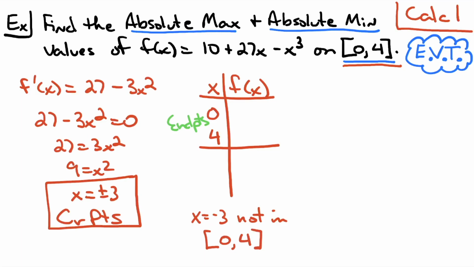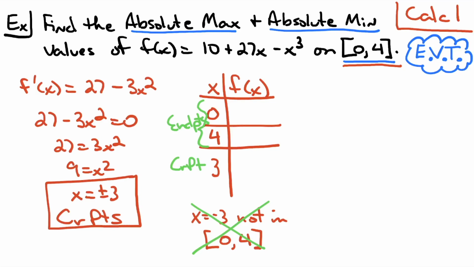For that reason, I will not put that in and test it because it's not in the interval. So I'm going to include just the positive 3 in my chart here, and let's label this as a critical point. So both 0 and 4 are the endpoints. 3 is the critical point, the only critical point that I'm going to test.